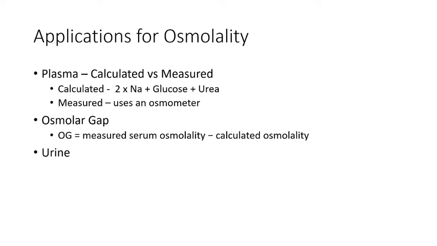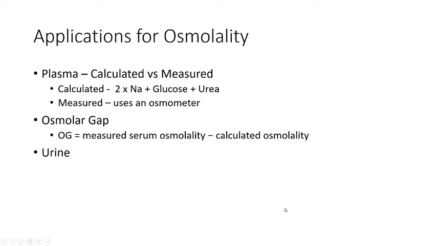In some situations that's useful because it gives you an idea of whether there's an osmolar gap. That tells us that there are osmotically active substances aside from sodium, glucose and urea. Those osmotically active substances are going to be either sugars, proteins, or usually alcohol.